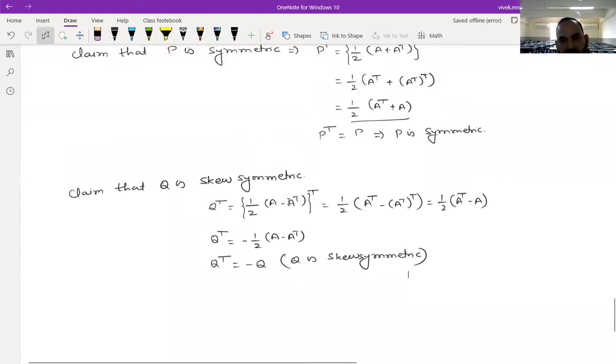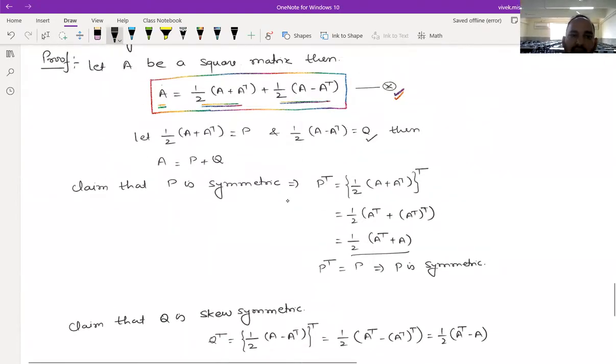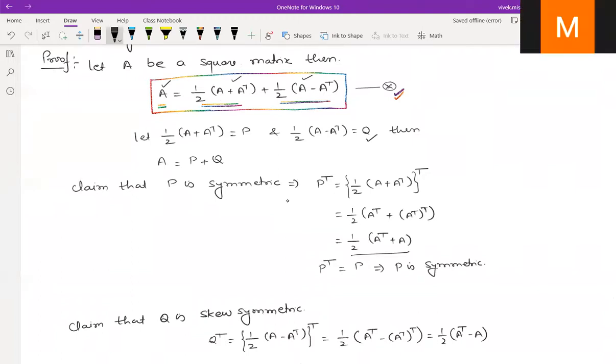Now, can I say that since हर एक A को आप ऐसे लिख सकते हो, हेलो? Yes, sir. हर एक मैट्रिक्स A को आप ऐसे ब्रेक कर सकते हो जैसे मैंने ये ब्रेक किया हुआ है.